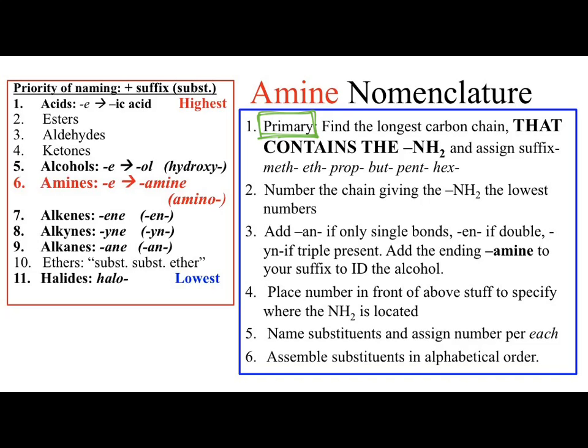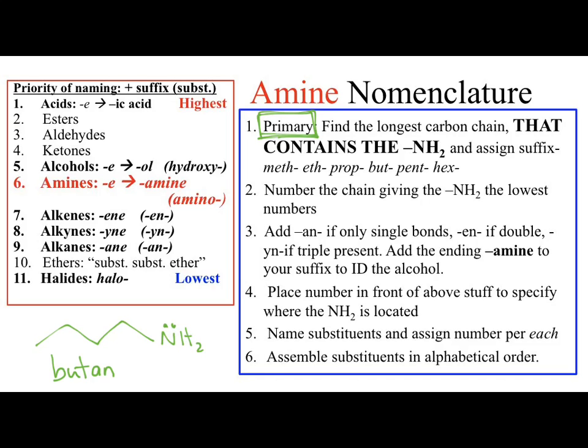So if we had this overall structure, what name would we give this guy? How many carbons do we have? 4. So we've got but. Rule number 3, we've got the an.